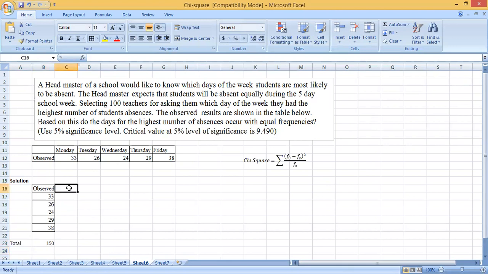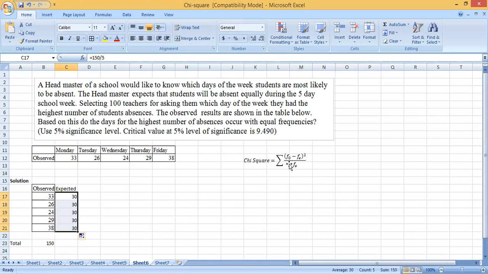And expected, therefore, expected is equal to 150 divided by 5: Monday, Tuesday, Wednesday, Thursday, and Friday, 5 days. So divided by 5 is the expected. So expected value is 30. All of them 30. Expected is 30.